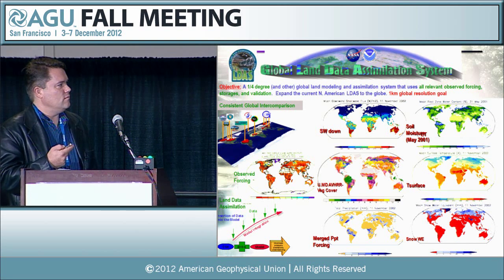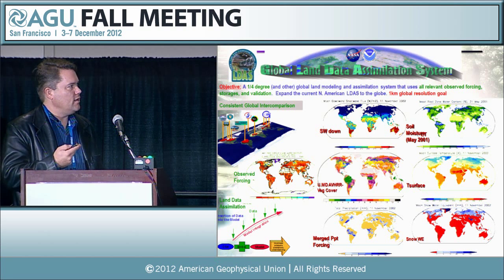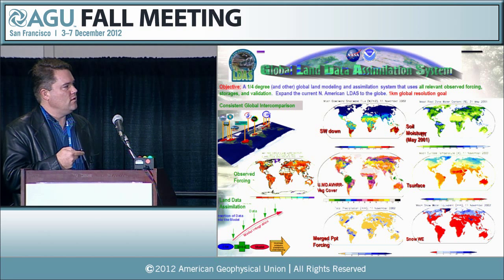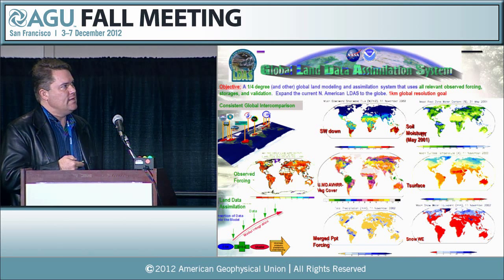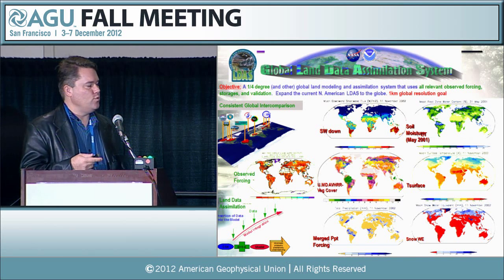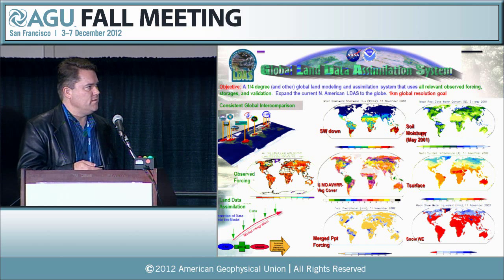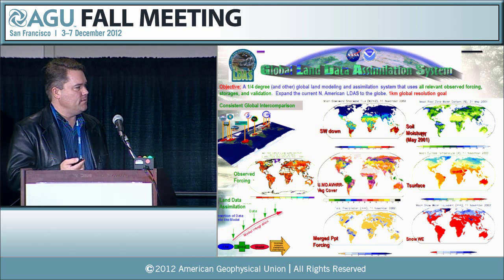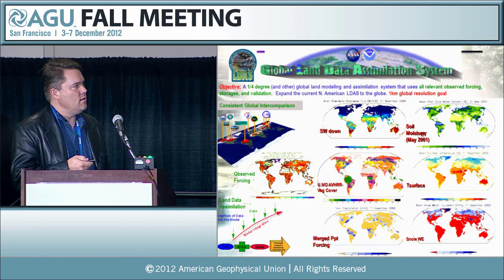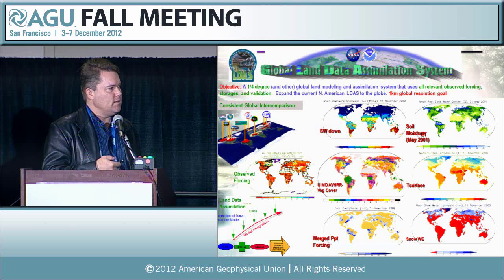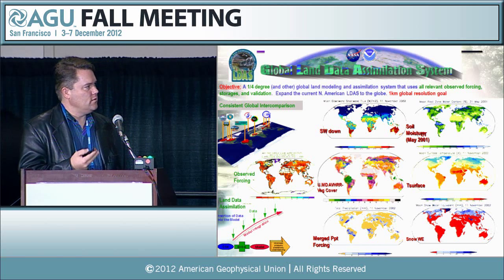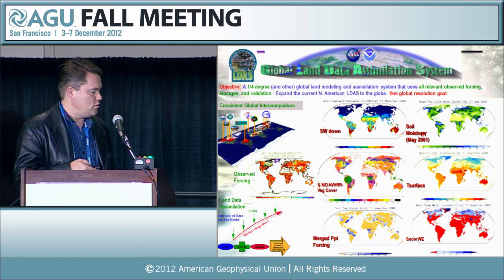Working with NASA Goddard and some of my colleagues there over the last 10 years, there's been the development of these land data assimilation systems. Putting a lot of the different kinds of data, models, and data assimilation techniques together, they've produced these global fields of snow water equivalent, surface temperature, soil moisture, that kind of thing.